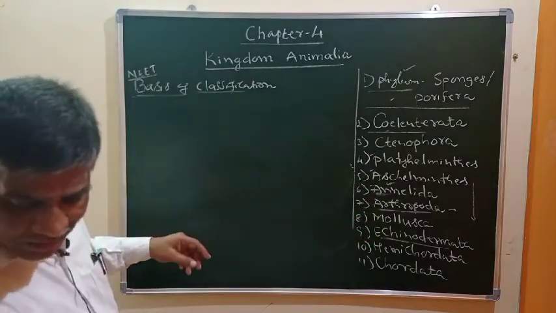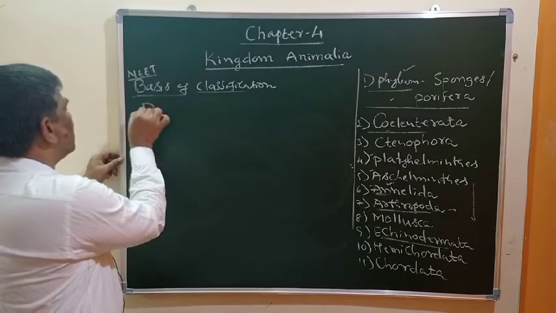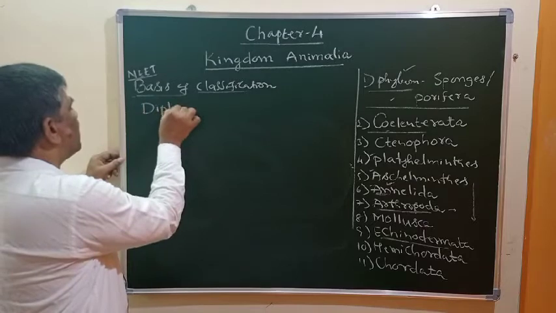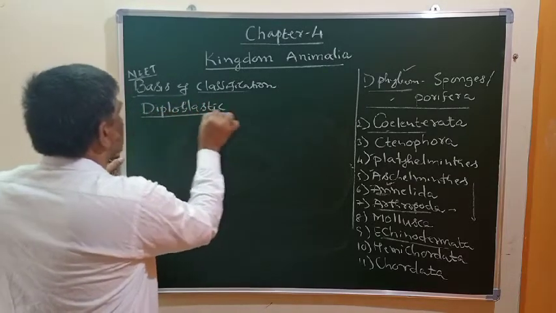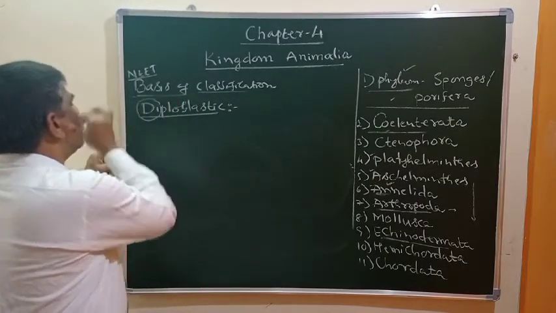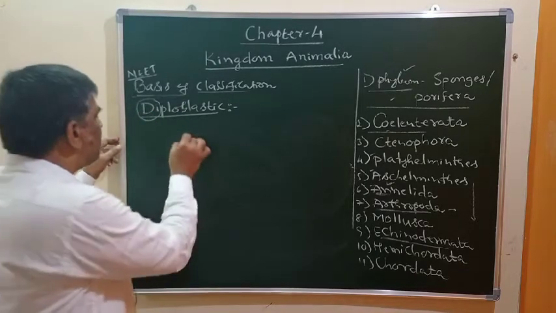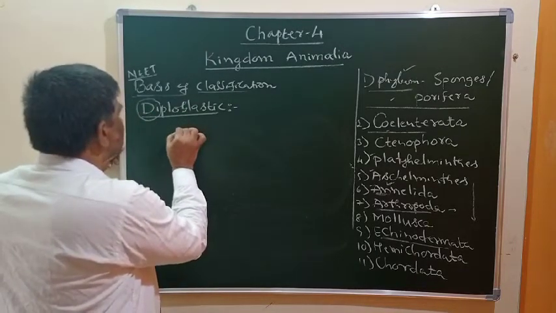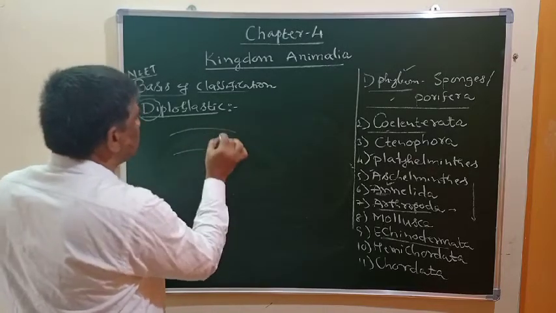And next, let us understand Diploblastic Organization. What is the meaning of diploblastic? You can understand by this word. Di means two. During the embryonic condition, cells are arranged in two different germ layers.